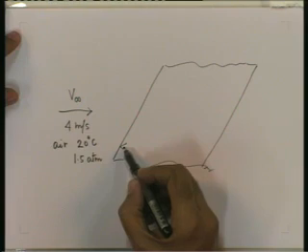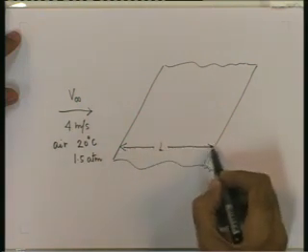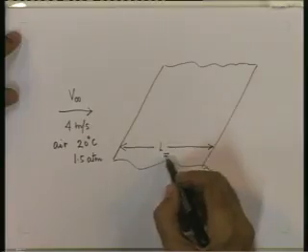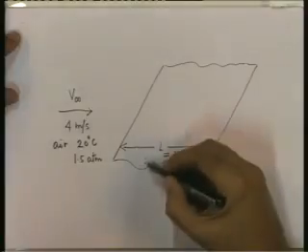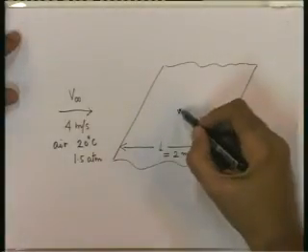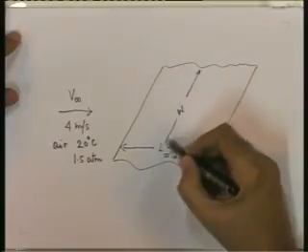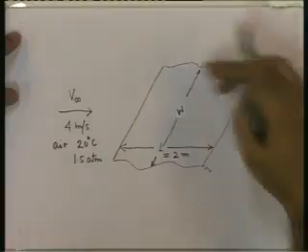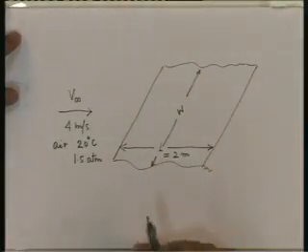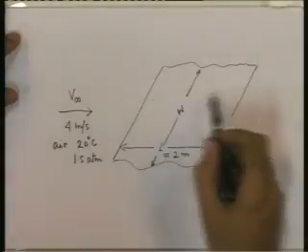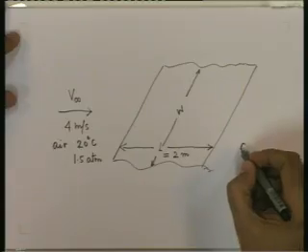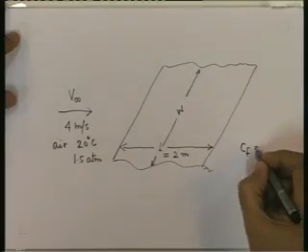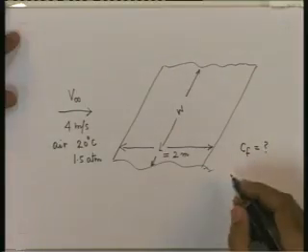In the direction of flow, the length of the plate is 2 meters. The width of the plate is some W, but it is so wide that we don't have to worry about what happens at this edge of the plate and this edge of the plate. What happens at one location is assumed to happen at another location in the width direction. We have to determine what is the average drag coefficient.